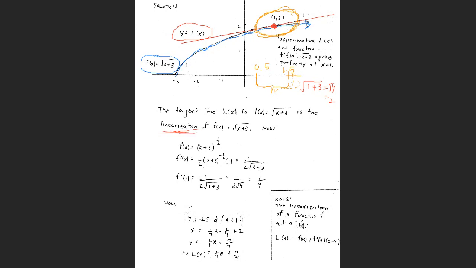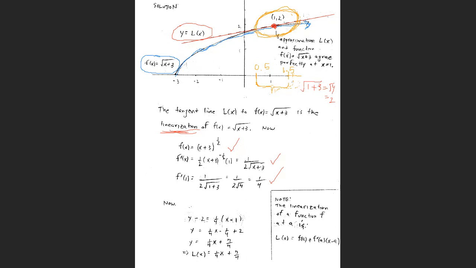And so you've done this many times. You have your function, which is x plus 3 to the half power. You want to find the tangent line to the function at the point 1, 2. So you're going to take the first derivative, evaluate the derivative when x equals 1, and then find the tangent line.